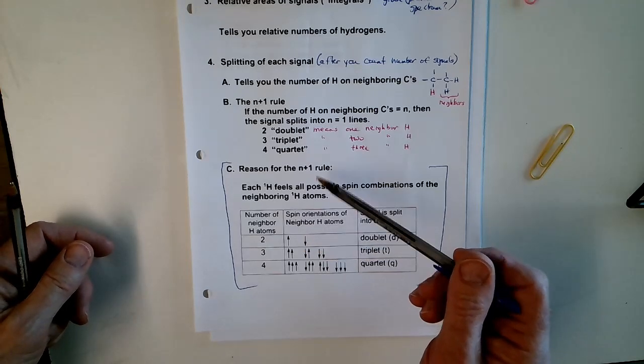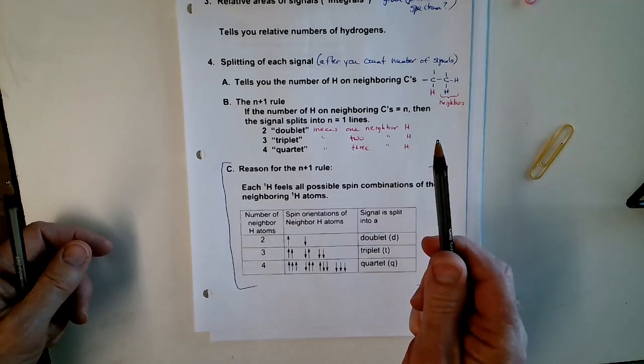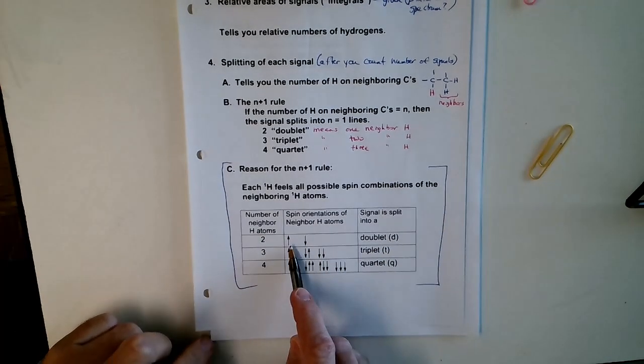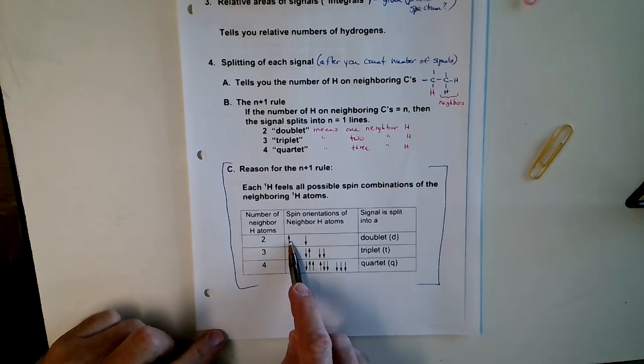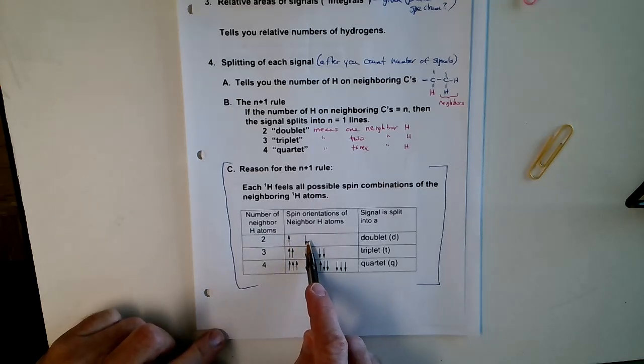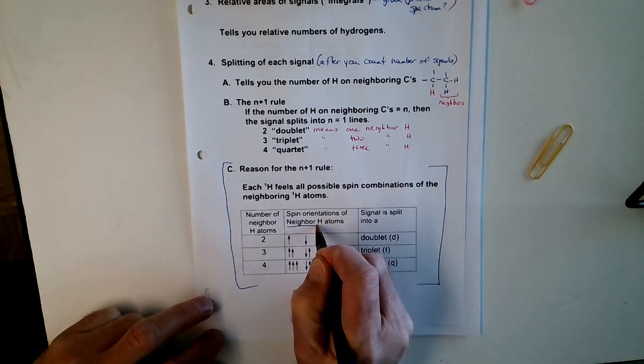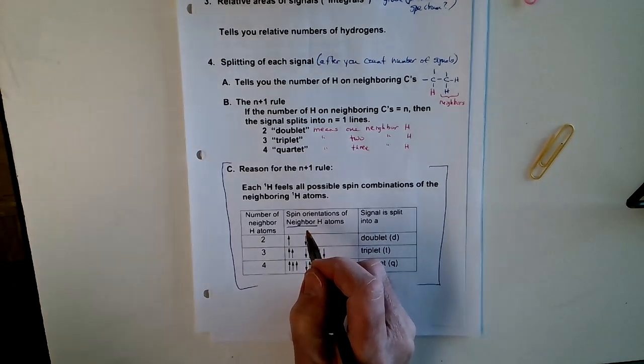So really, if you have just one neighbor hydrogen, you don't feel just one field. You feel one of your neighbors aligned with the external field and one of them against the external field. And those are the only two options. These are just for the neighbor hydrogens, remember, not for the hydrogen you are looking at.